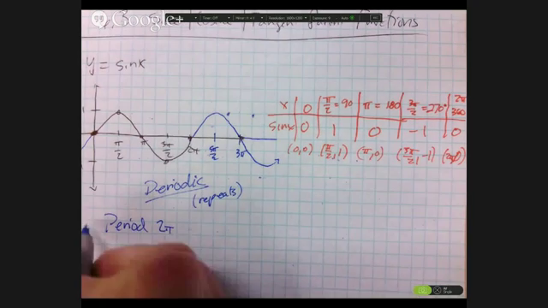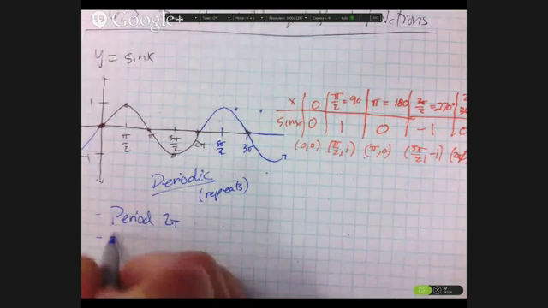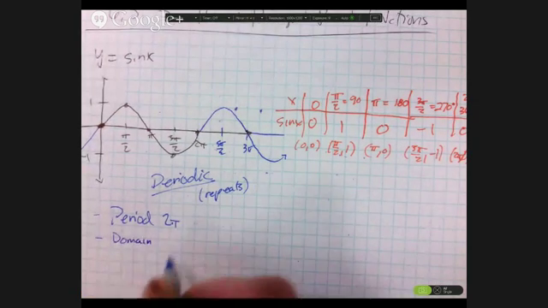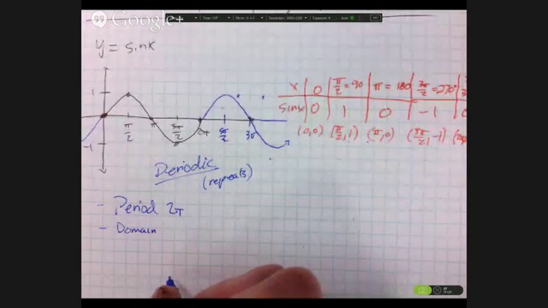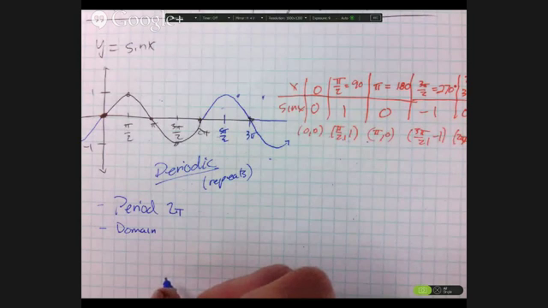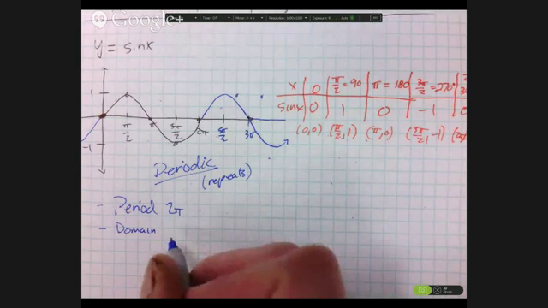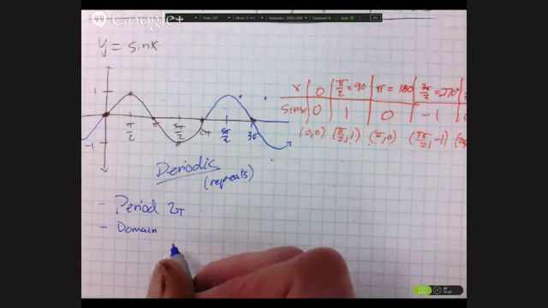So some info here. What's the domain of the sine function, harking back into antiquity? The past, like 2 months ago, domain and range. Domain is the x values. So what possible x values?